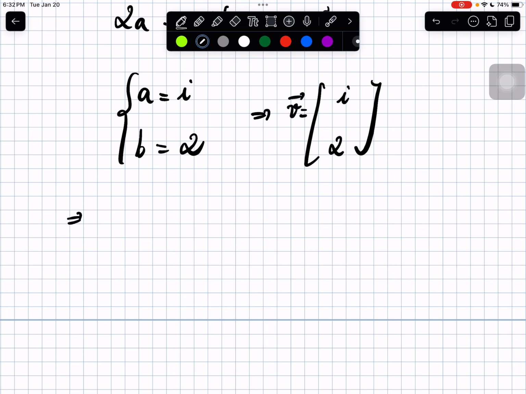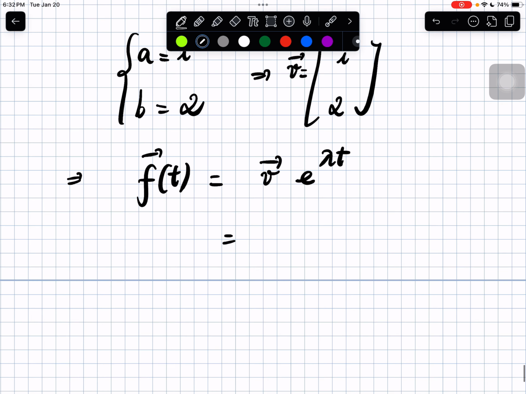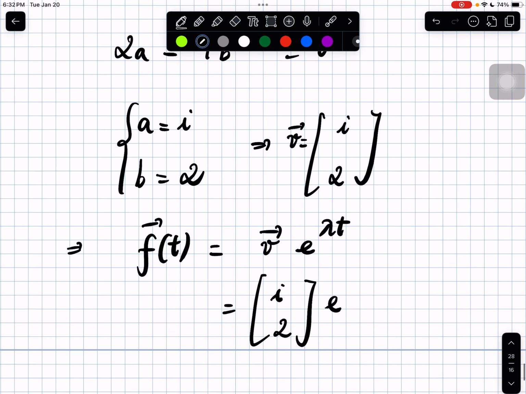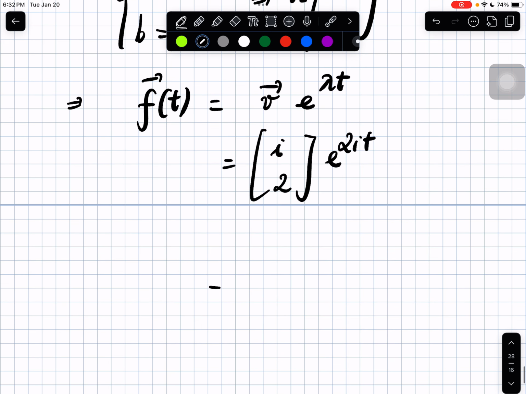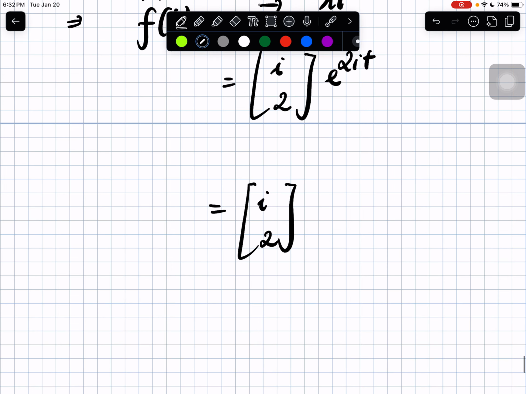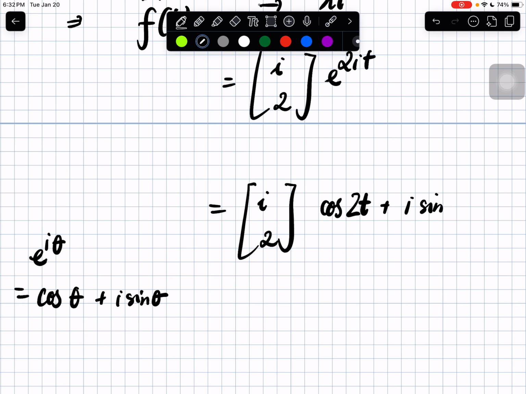Now this gives us the eigenfunction f(t) equals v e to the lambda t. v is (i, 2) times e to the 2it. We use the Euler formula. Recall that e to the i theta is cosine theta plus i sine theta, so cosine 2t plus i sine 2t.